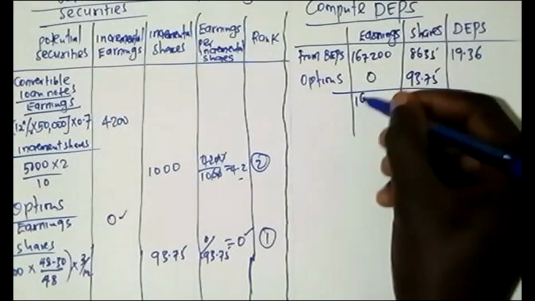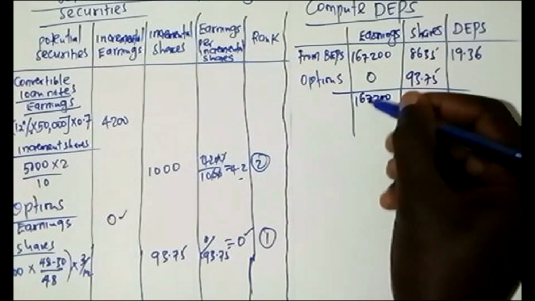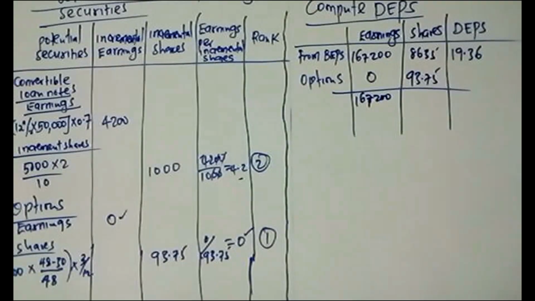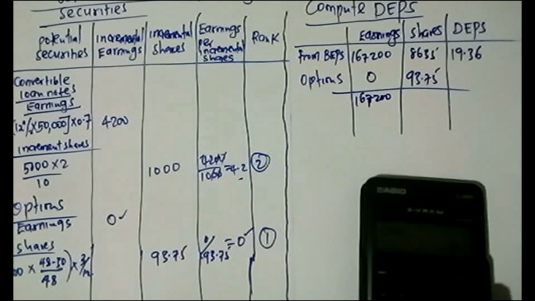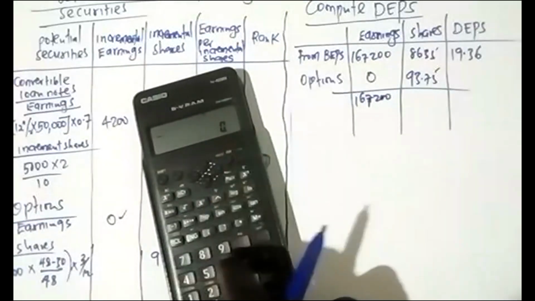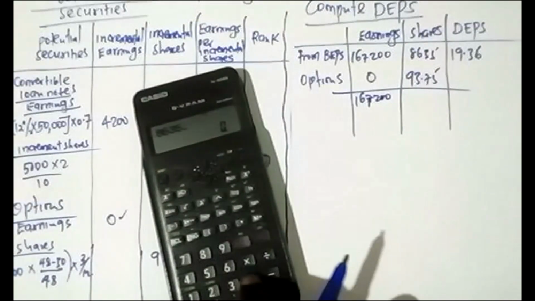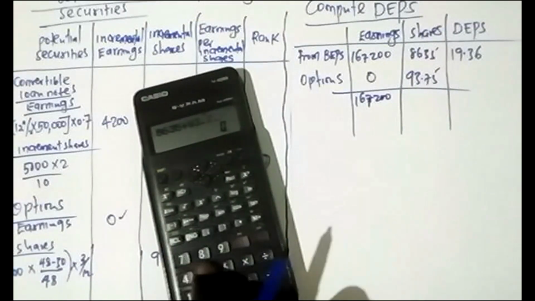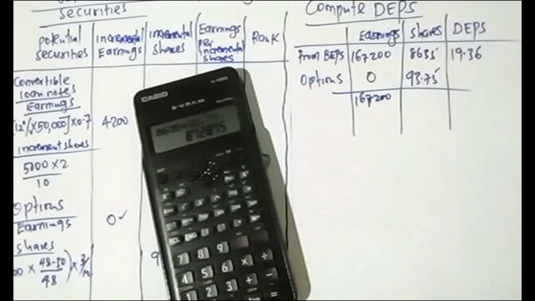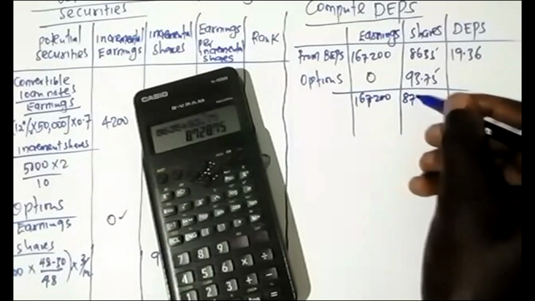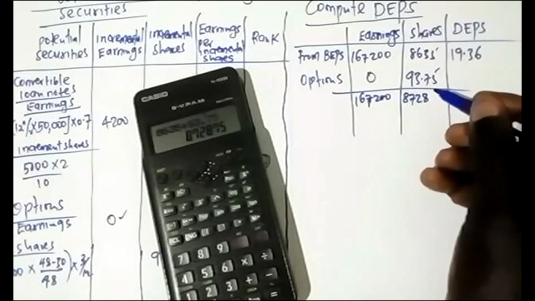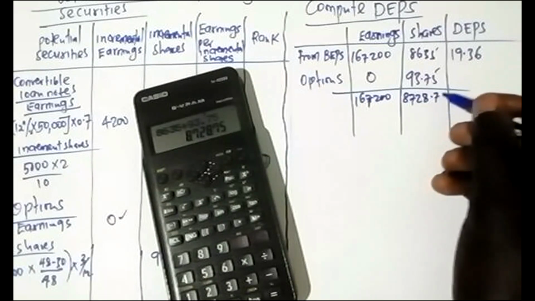So this is 167,200. Then the other one, 86.35, plus 93.75. So I'm getting the total there as 87.28.75.